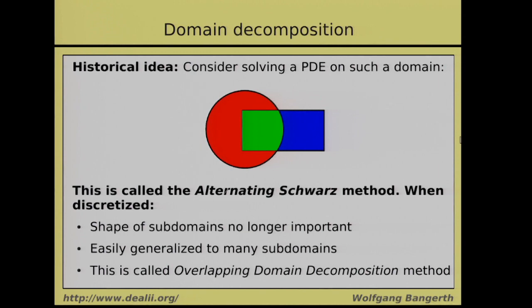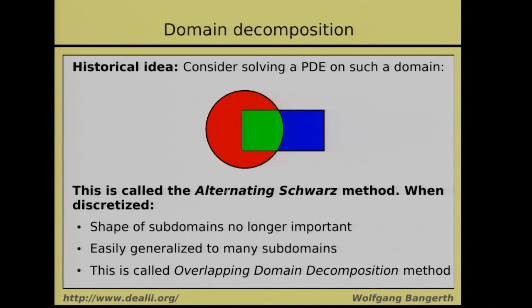When you do it on a computer in discretized form, the shape of the subdomains is no longer important, right? To Schwartz, it mattered because he needed subdomains for which he can compute the exact solution in a series representation. To us today, that doesn't matter anymore.